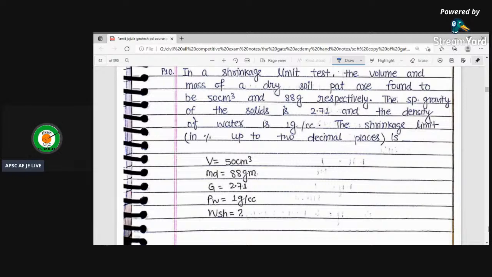So our volume to the dry soil as well as it is given the dry weight, that is MD is given. Okay, the specific gravity of the solid দিয়া আছে, the density of water দিয়া আছে, আমাক লাগে shrinkage limit. So we have to find the shrinkage limit. Volume আমাক দিয়া আছে 50 centimeter cube, then MD is 88 gram, G is 2.71, rho W is 1 gram per cc. So I have to find shrinkage limit.